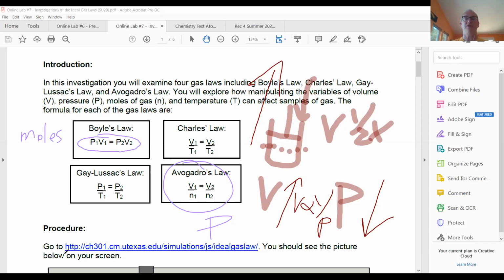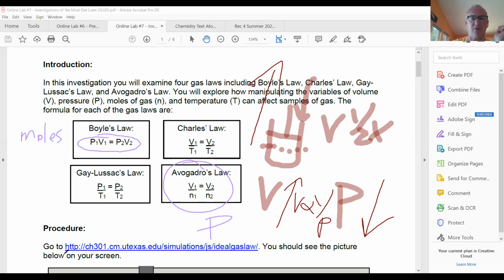Because every time we do one of these experiments, we have to keep one thing constant. Either we keep the number of moles of gas constant, or the temperature constant, or the pressure constant. We have to leave one thing the same, and then vary one other thing and see what the effects are. If we vary everything at once, we can't see what the relationships are.